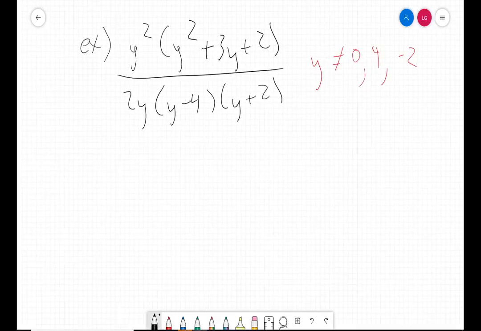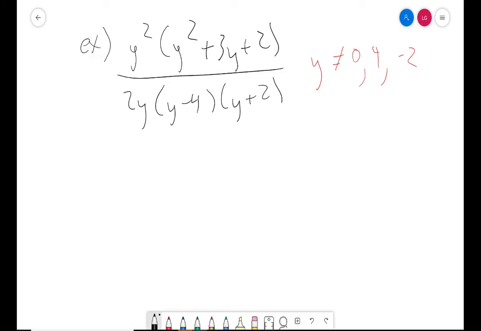Let's also notice that there seems to be a y incoming on top, right? Sometimes this is a sneaky one because it doesn't quite look like the same factors of y plus or minus some number, but it is. It's y plus or minus 0, so it's perfectly fine. What do we have here? Let's do it right away.